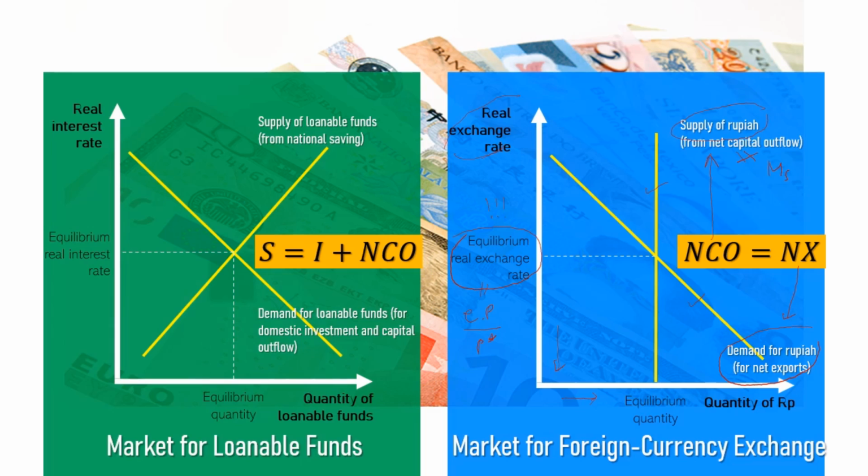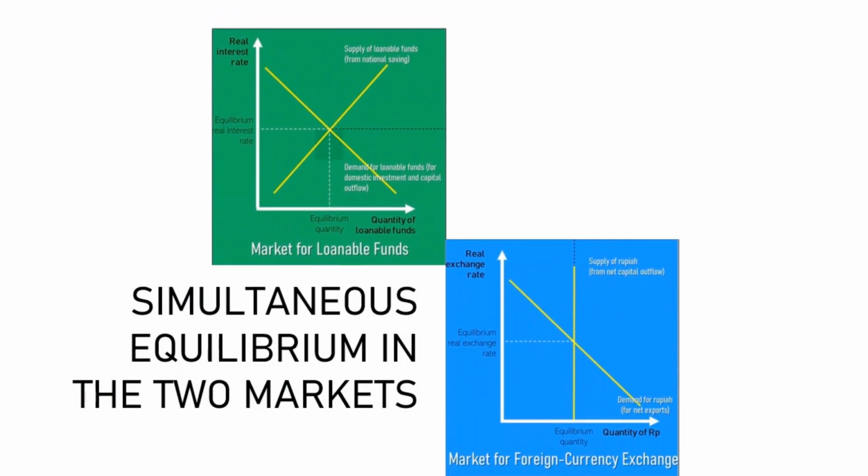Hopefully clear? We have talked about the two markets, the market for loanable funds and the market for the real exchange rate. From the first market, we get the equilibrium of the domestic real interest rate. From the second market, we get the equilibrium of the real exchange rate. If we take a look at the two markets altogether closely, there is a link between them.